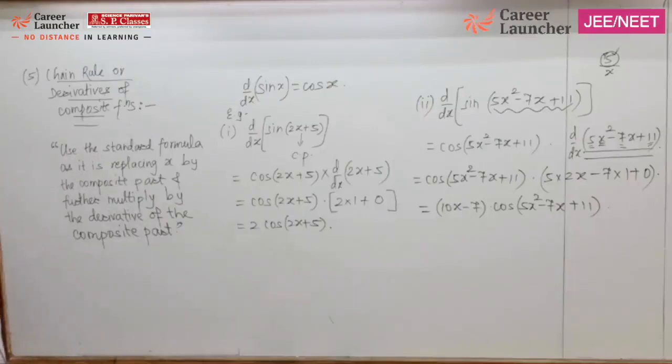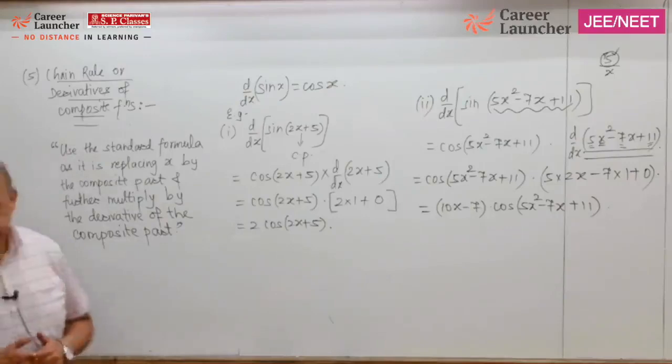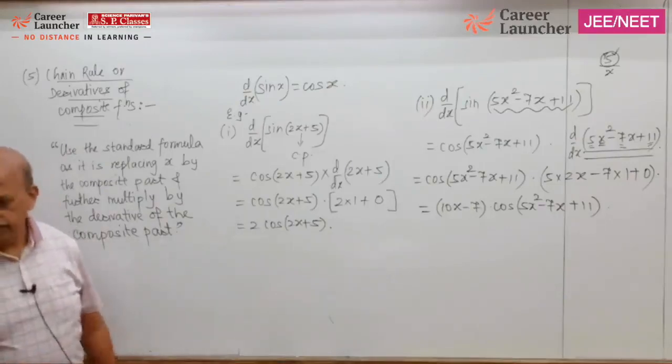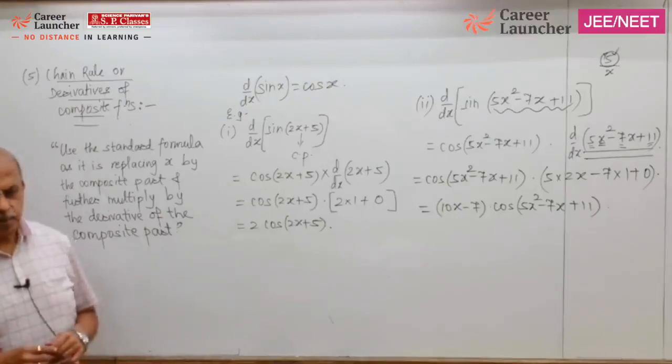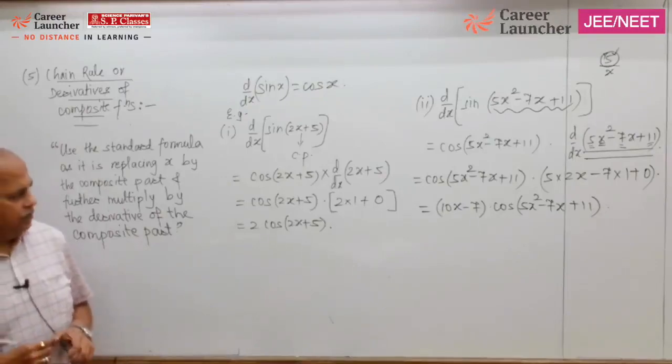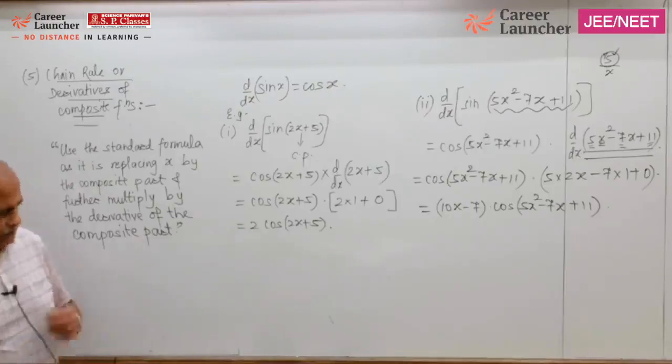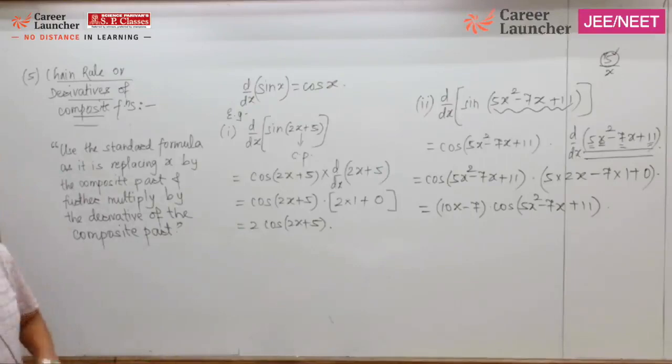It's absolutely simple. We use the standard formula as it is, replacing x by the composite part. Further, we multiply by the derivative of the composite part, and that gives you the final answer.